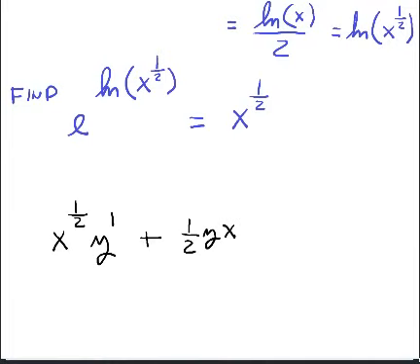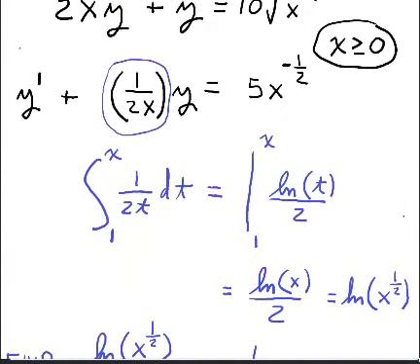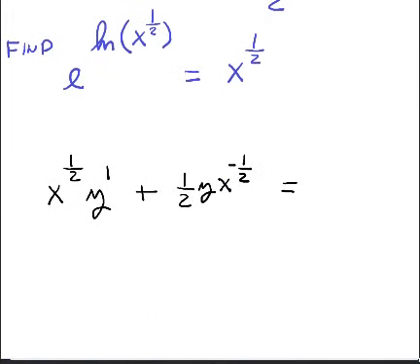Is that correct? Yes, because there was an x in the denominator, so now there's an x to the minus 1/2. And that will be equal to, since we had 5 times x to the minus 1/2, multiplying by x to the 1/2 leaves us with just 5.